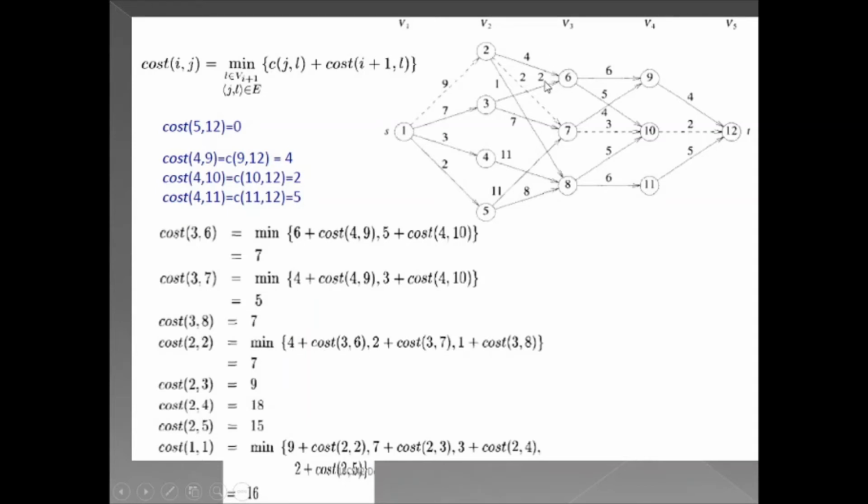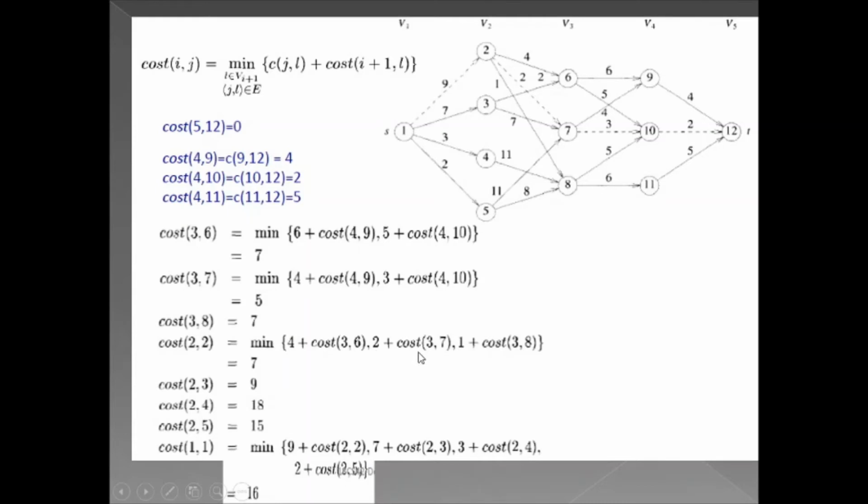One more edge has a weight 2 and is connecting to 7, and one more edge has a weight 1 and is connecting to 8. So 4 plus the cost of 6, which we have already found as 7, so 4 plus 7 is 11.